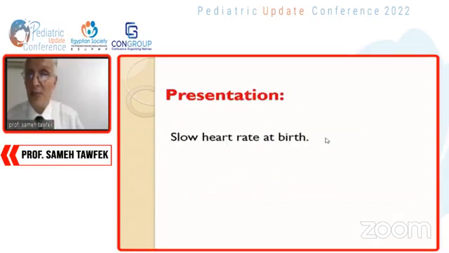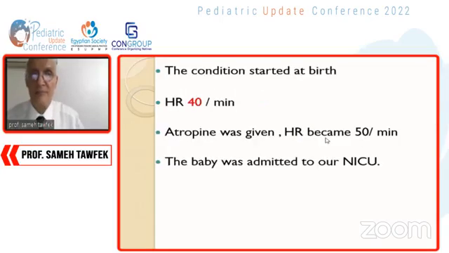She presented with a slow heart rate at birth. At birth, the heart rate was 40. As we know, the heart rate is normally 120 to 160, less than 100 is bradycardia, and more than 180 is tachycardia, as we mentioned before. Atropine was given and the heart rate improved to 50, still very low. The baby was admitted to our NICU.